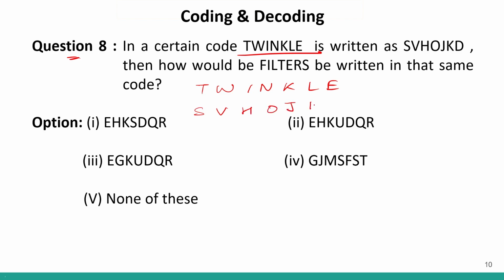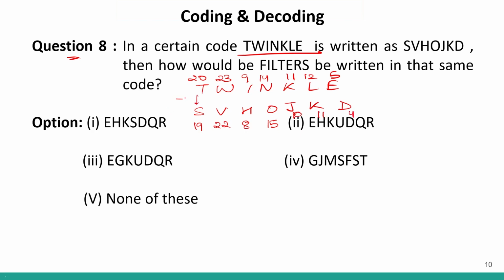SVHOJD. So if I give them forward ranks, it will be 20, 23, 9, 14, 11, 12, and 5. And if I give forward ranks over here, it will be 19, 22, 8, O is 15, J is 10, K is 11, and D is 4.